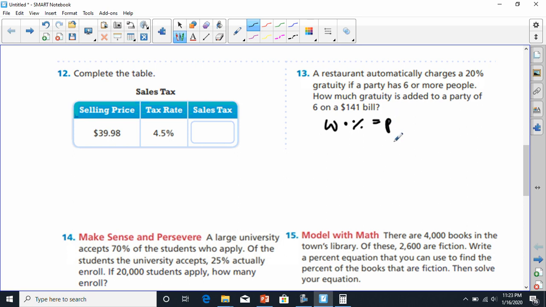The part in this case is the gratuity. The percent in this case is 20%. So we're going to have to move that decimal back twice, making this 0.2. Multiplying that by the whole, which is 141. Now we have to multiply 141 times 0.2.